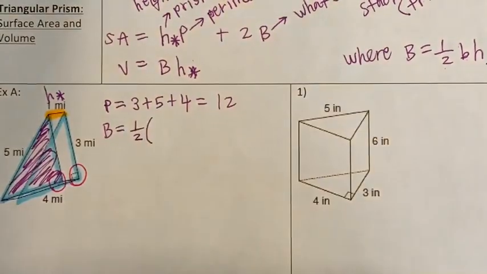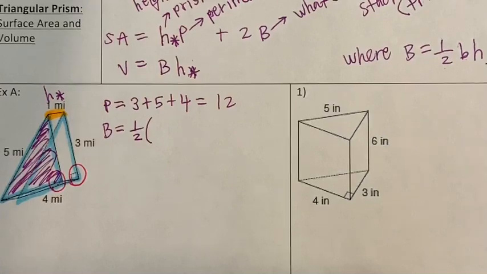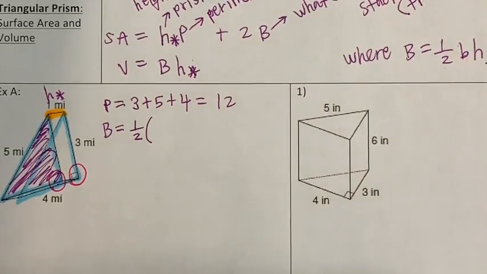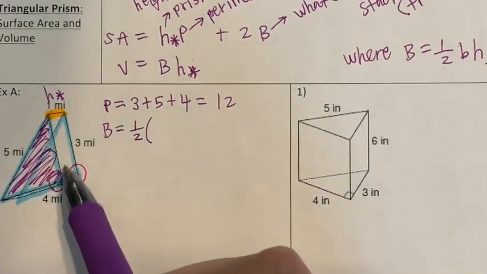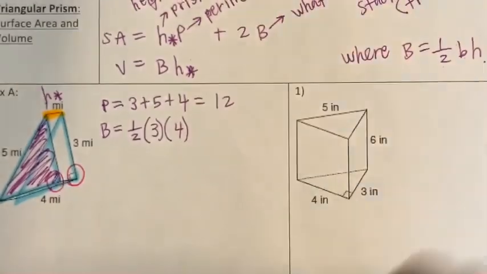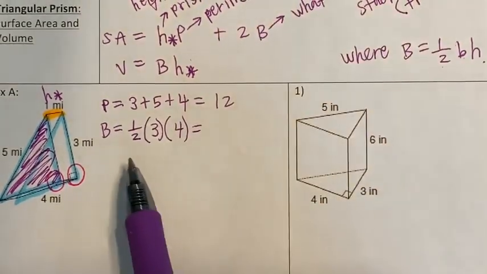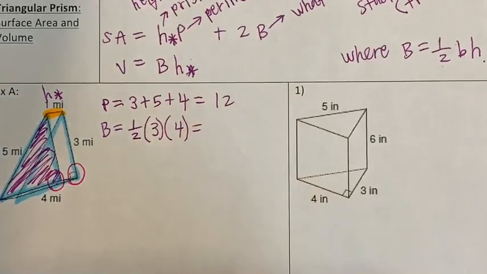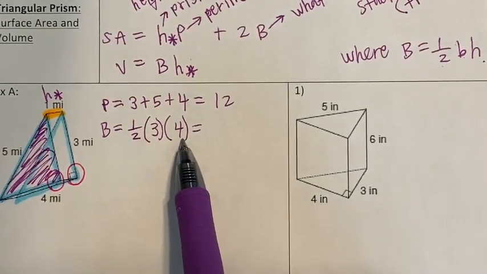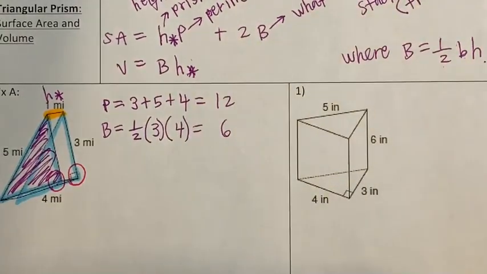So right there would be your right angles. The 2 sides that form the right angle are your base and your height of the triangle. Looking at this, my base and height would be 3 and 4. It doesn't matter which one you call the base and which the height, because you're simply multiplying them. You could type 0.5 times 3 times 4 in your calculator, or just say 3 times 4 is 12, and take half of 12. So my base is 6.